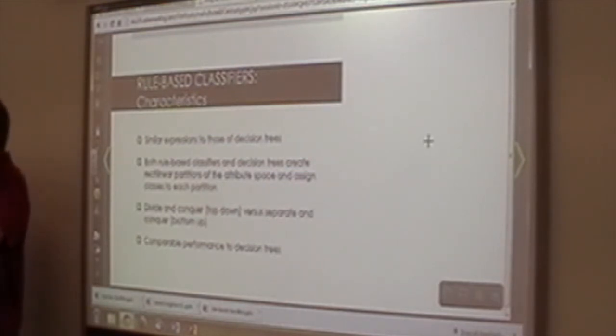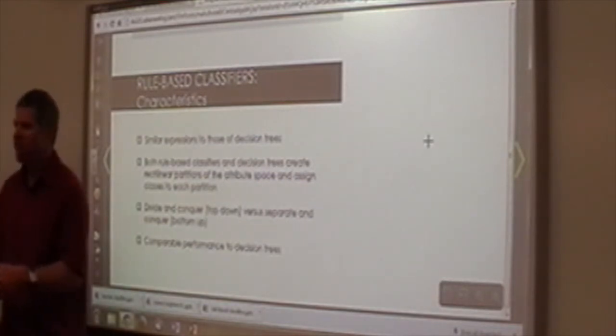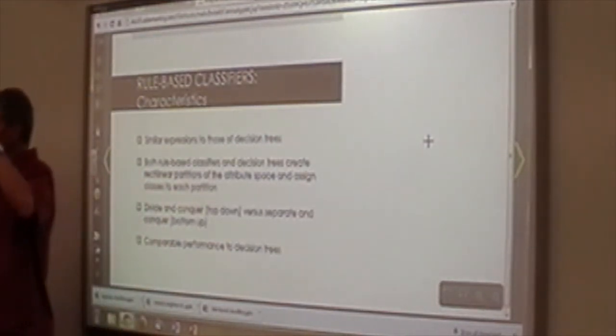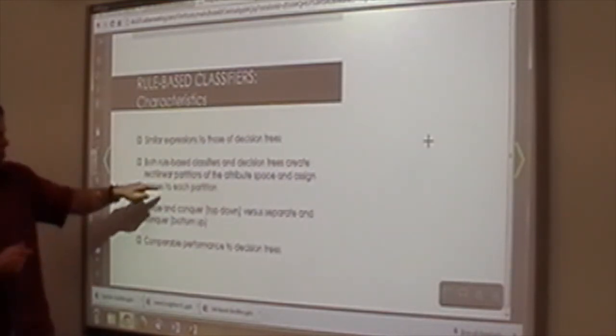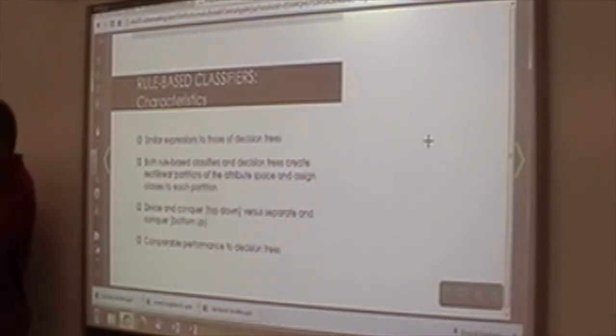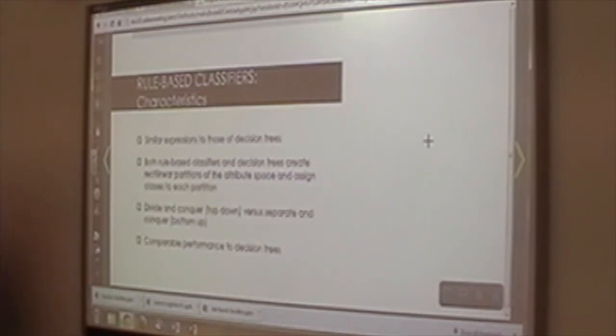If you think of x and y coordinates, in a rule-based system you can say, if x is greater than 5, then do this, and if y is less than 2. So if x is greater than 5 and y is less than 2, that's where the idea of rectilinear attribute partitions comes in. It fits into one, and then you found a range for the other as well.